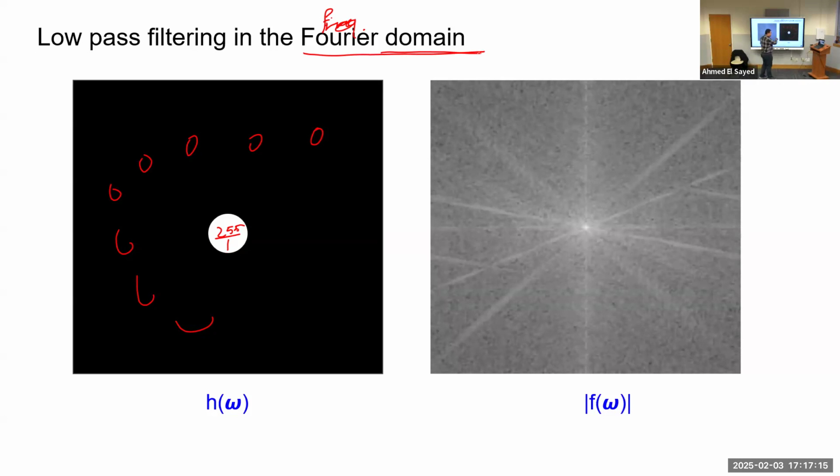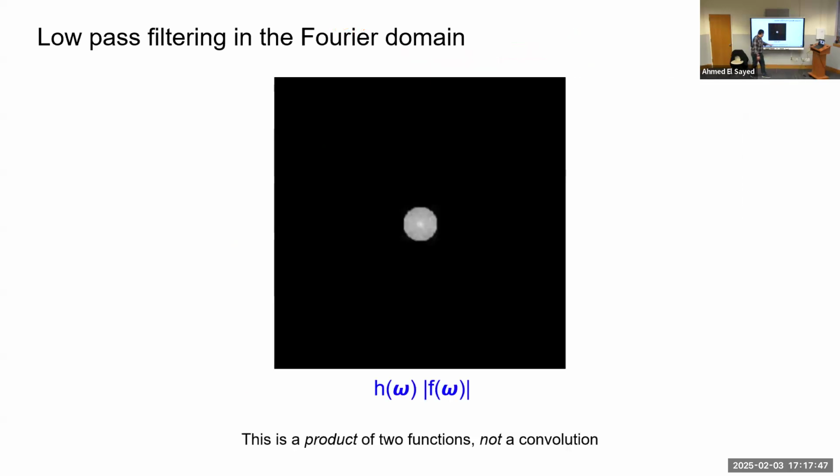Now, this multiplication in the Fourier domain is exactly equivalent to convolution in the time domain. Remember the convolution process that we keep talking about last time and today in the beginning? This multiplication in the frequency domain is equivalent to the convolution in the time domain or the spatial domain. So what we did is nothing but a convolution in the time domain.